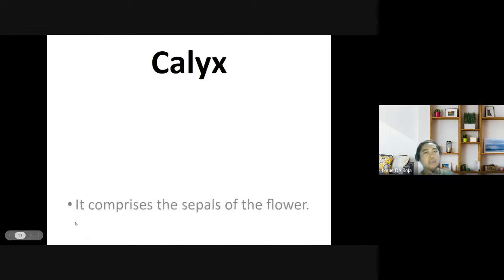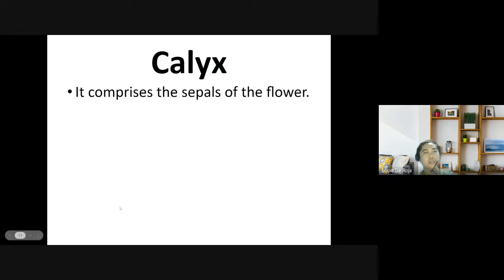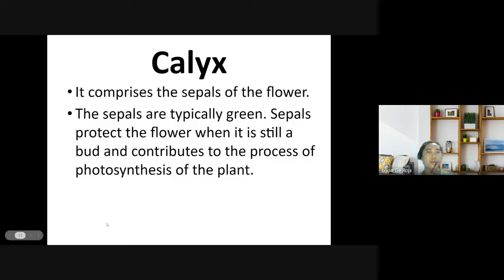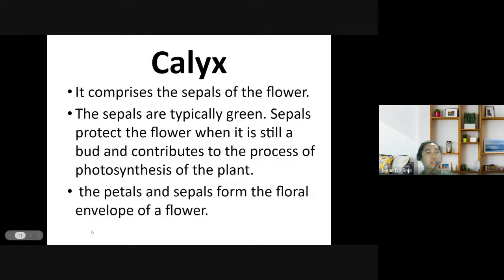Next is calyx. It comprises the sepals of the flower. And the sepals are typically green. Sepals protect the flower when it is still a bud and contribute to the process of photosynthesis of the plant. And the petals and sepals form the floral envelope of a flower.